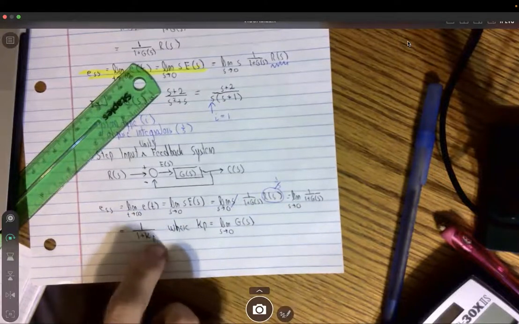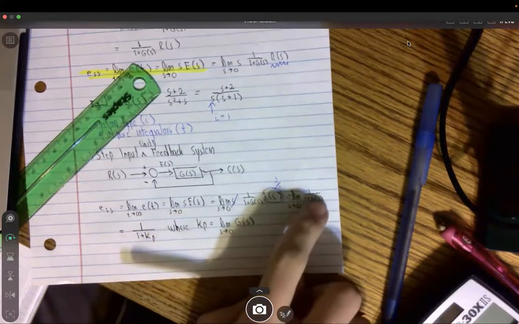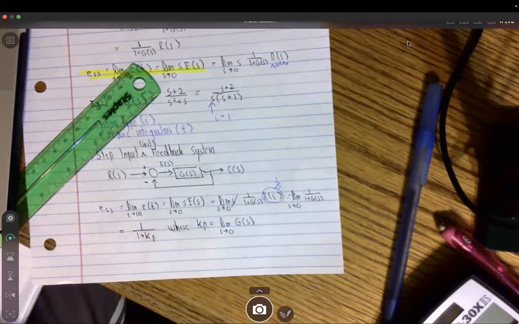So it's just going to be 1 over 1 plus KP, and we define KP as the limit of G of S as S approaches 0. And so that's what we're going to notice.